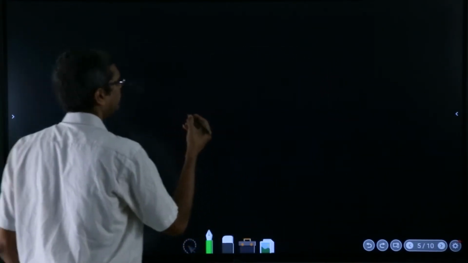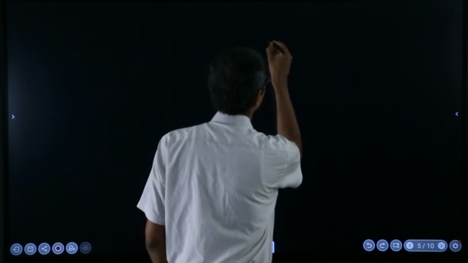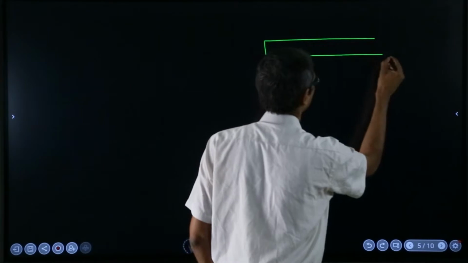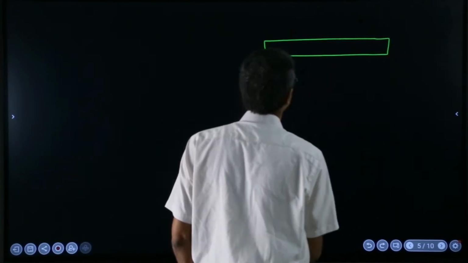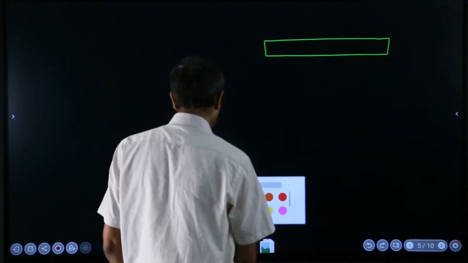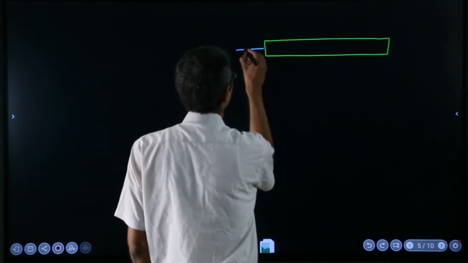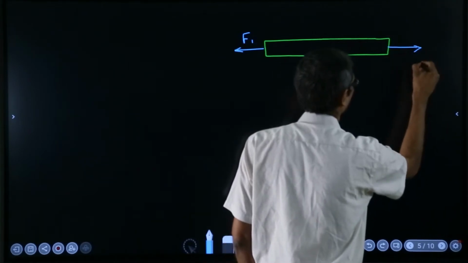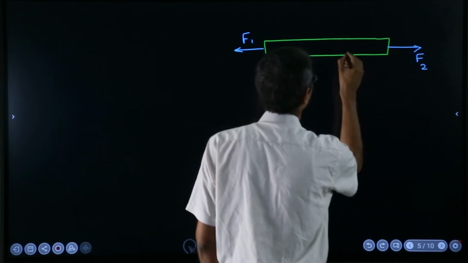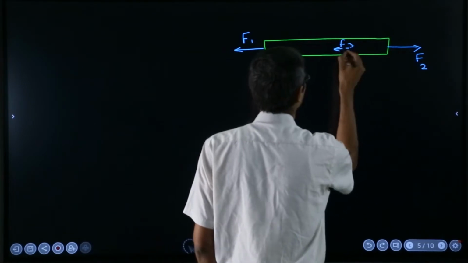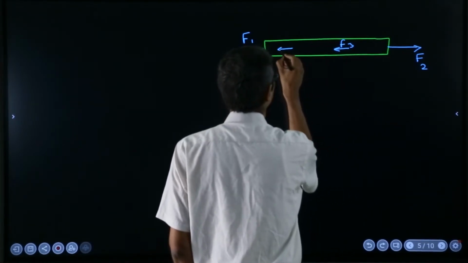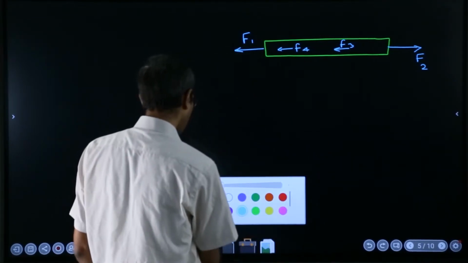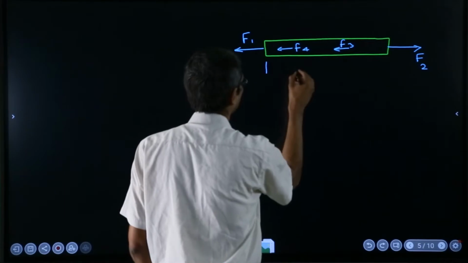So, here we have our condition like this. There is a bar of uniform cross section, and then there are forces which are acting like this, maybe here. We also should be knowing the distances.